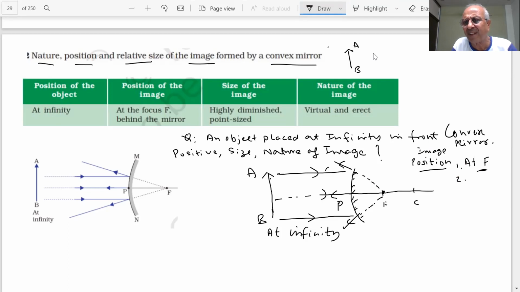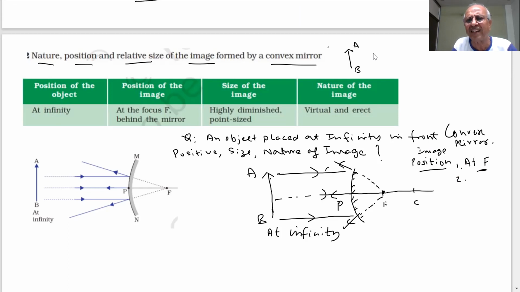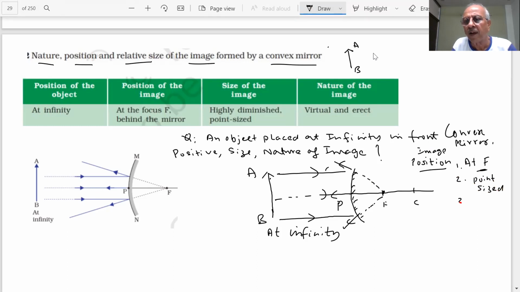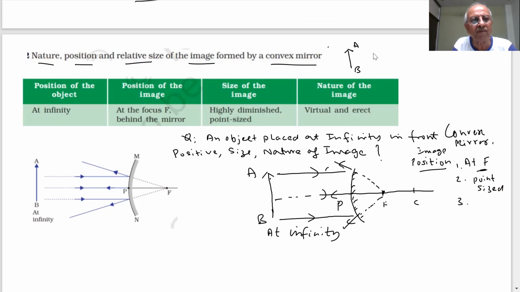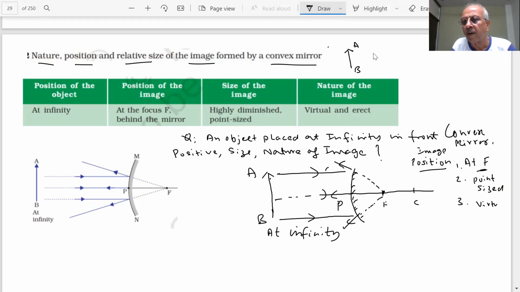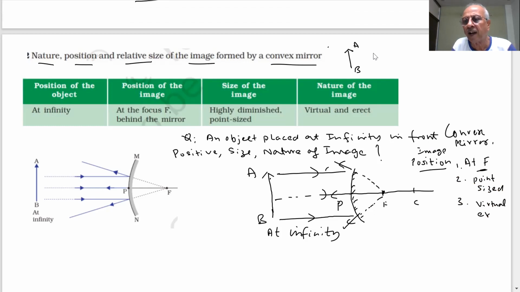It is a point sized, very small in size, diminished, highly diminished. We call it point sized. And this is going to be virtual and erect. Virtual and erect, students. Is it clear? You have noted? Tell me.